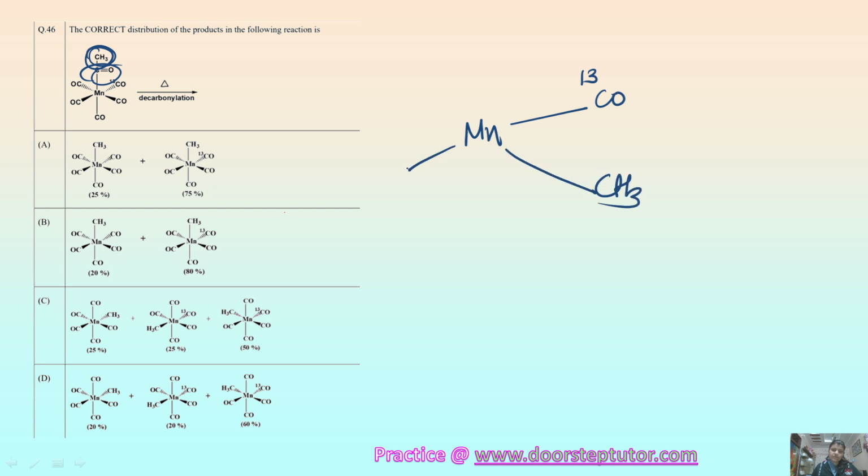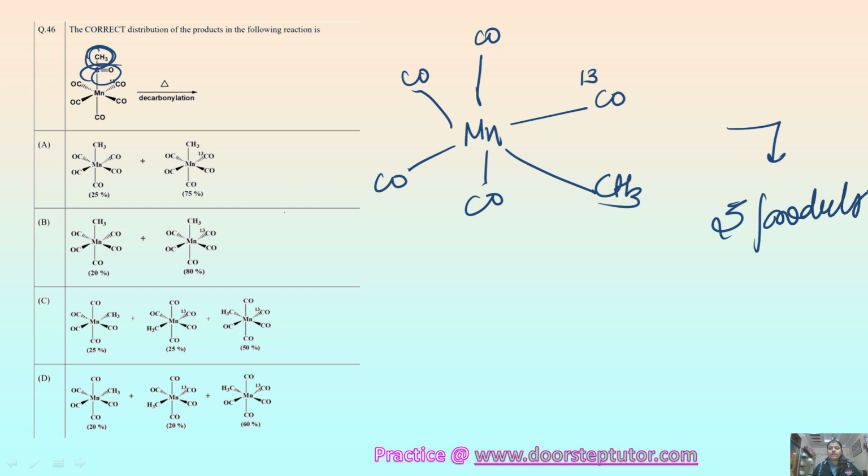Suppose the CH3 migrates in this direction, and you have CO, CO, and CO. So this way you are going to get the three products, and in those three products we are getting percentages like 25% of this product, 25%, and 50% of this.